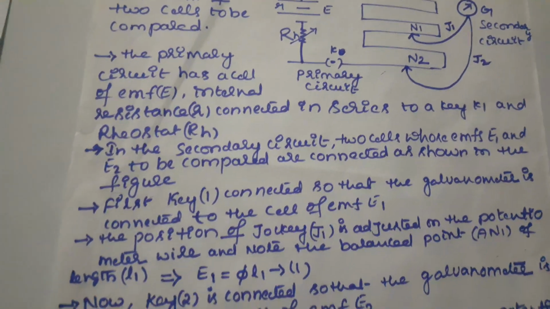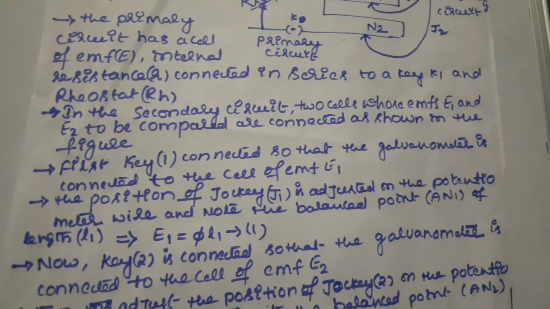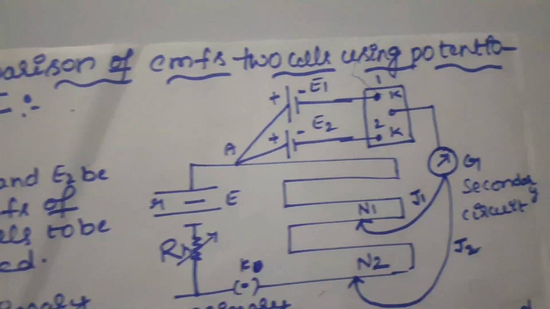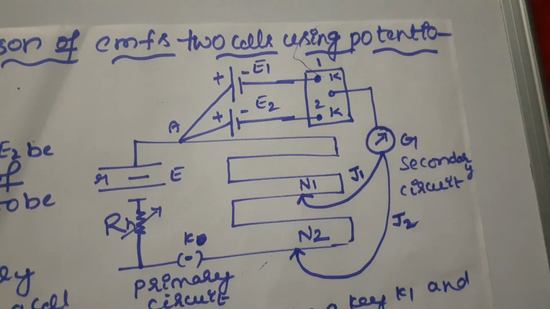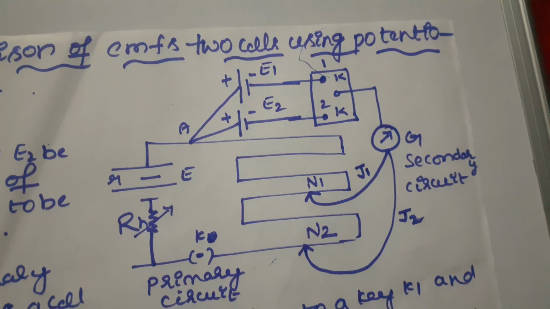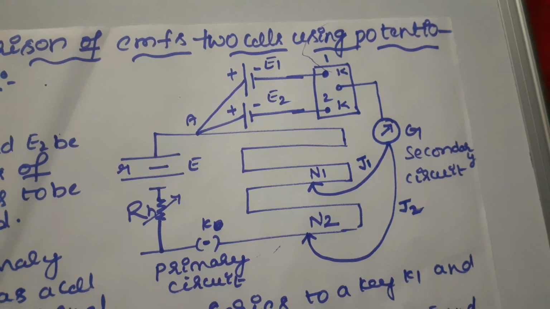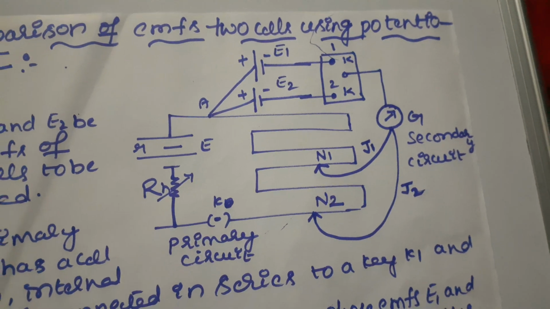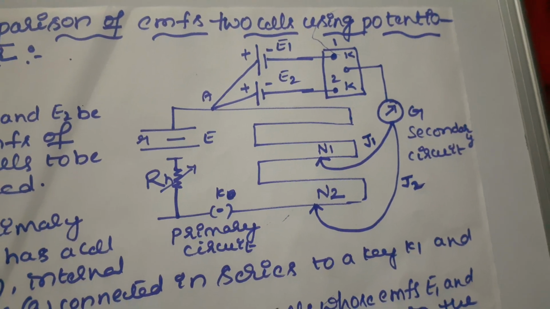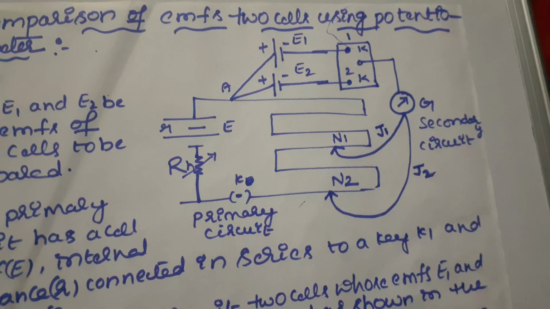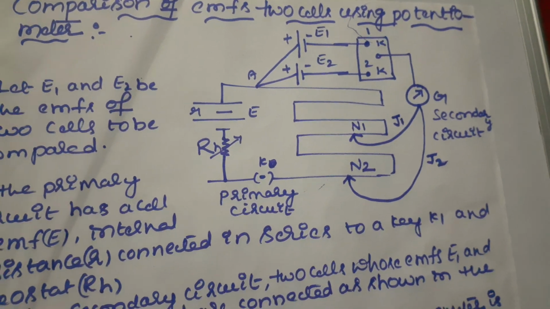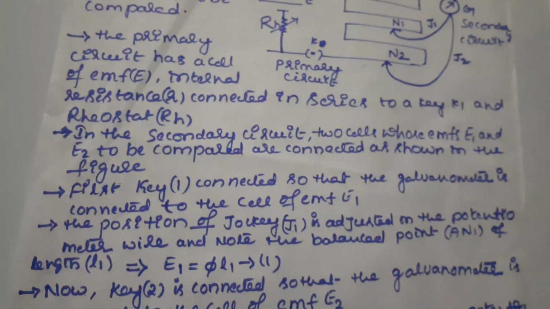So when the two terminals of E1 and the galvanometer are connected through key 1, you can see the galvanometer comes into contact with the cell E1 but not the cell with EMF E2. So now E1 is in contact with the galvanometer.